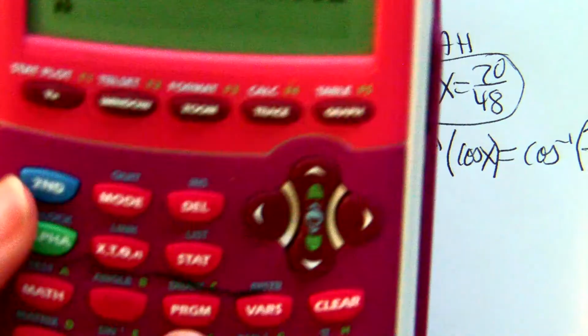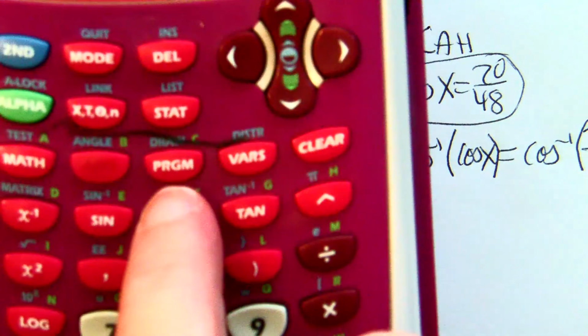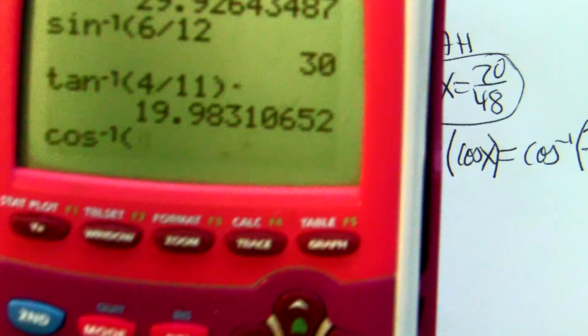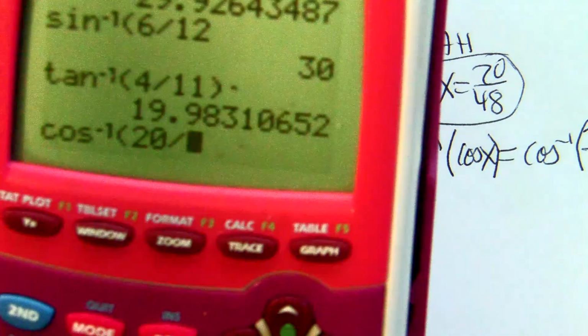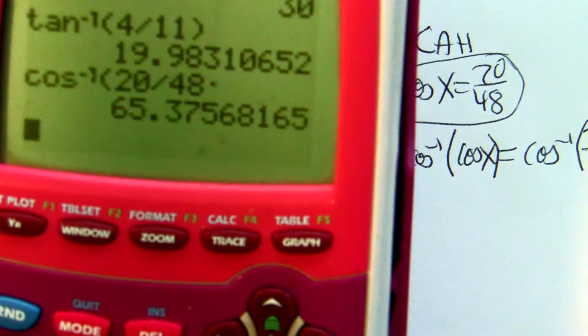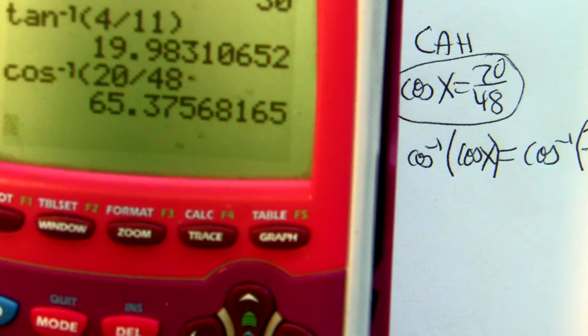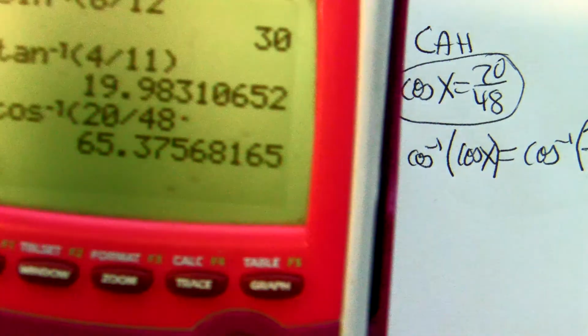So second cosine of 20 over 48, how many degrees? Do I round up or down? Down, 65.